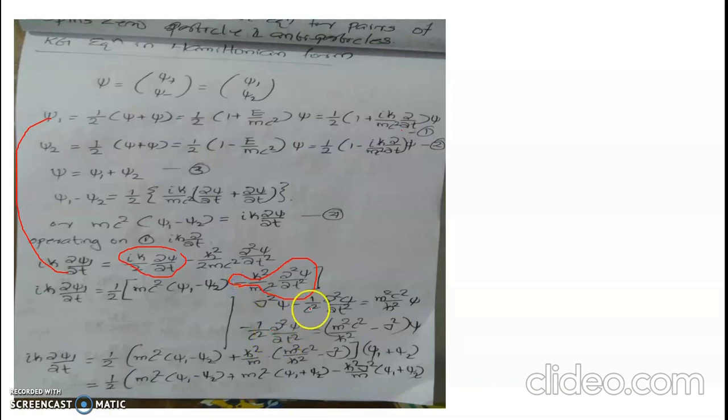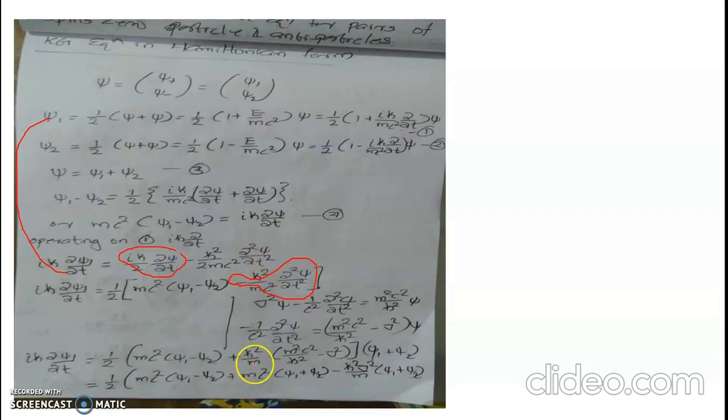Minus 1 by c square dou square psi by dou t square equal to, taking del square psi to the right side, m square c square by h cross square psi minus del square psi. We substitute it here to make it i h cross dou psi 1 by dou t equal to half into mc square into psi 1 minus psi 2 minus 1 by c square dou square psi by dou t square is substituted. So I have a plus sign here.